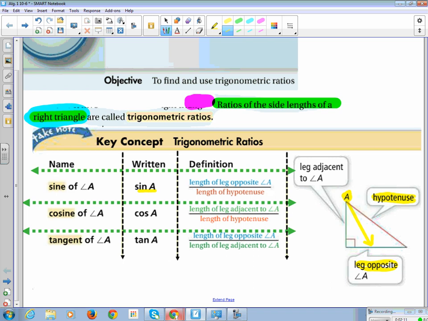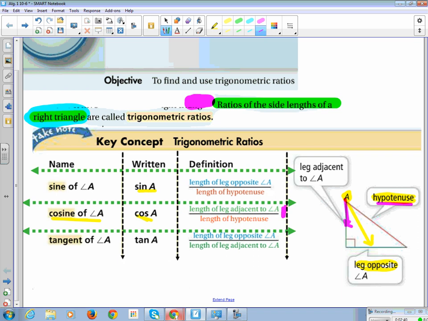If we look at cosine of A, here's the long way to write it. Here's the shorthand. This is not cos A, it's cosine of A. It's the length of the adjacent side. So the adjacent side is the one right next to the angle, divided by the hypotenuse. So it's just a ratio.